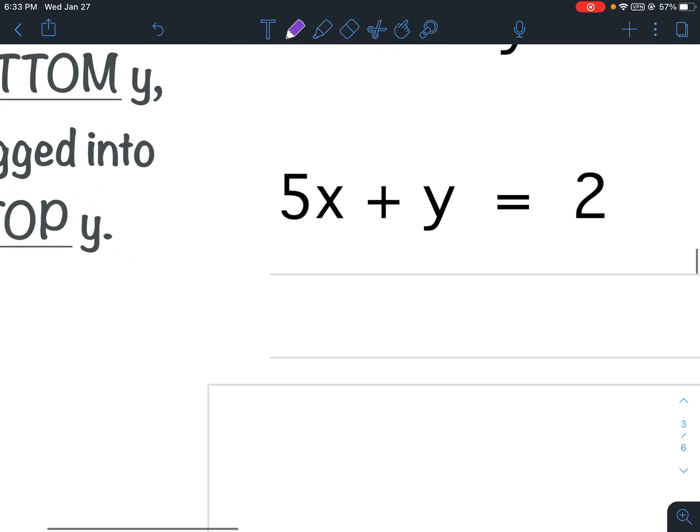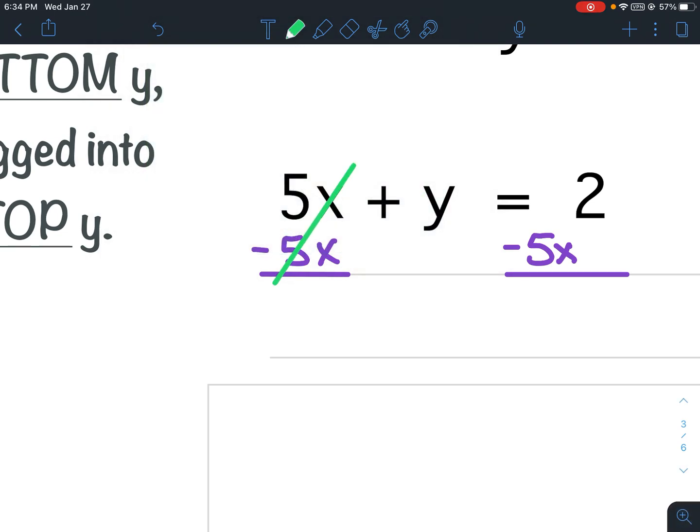All right, so I'm going to start by subtracting 5x from both sides. I want to isolate the y. That would cancel. So y equals, bring down -5x, bring down +2.